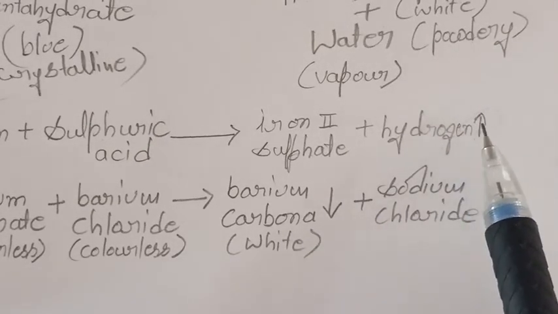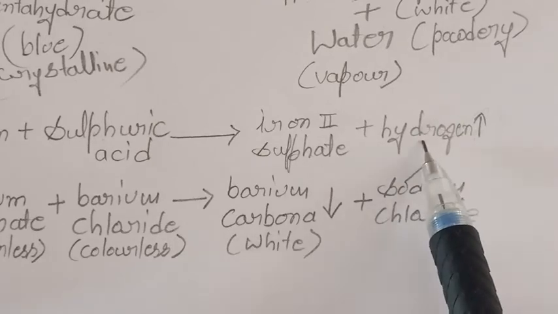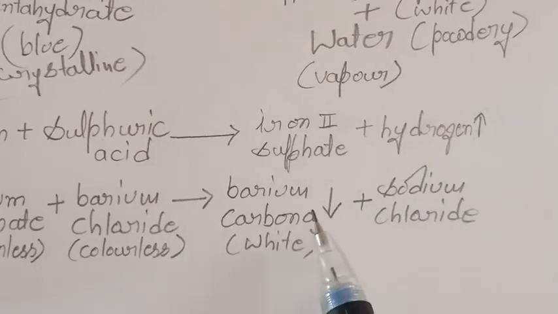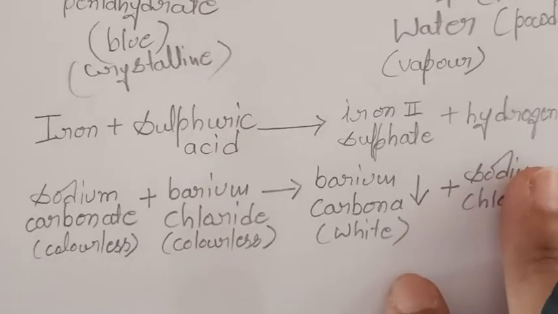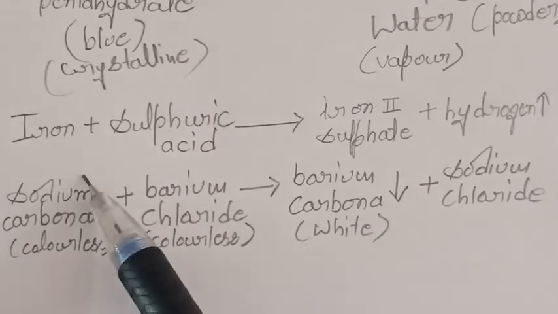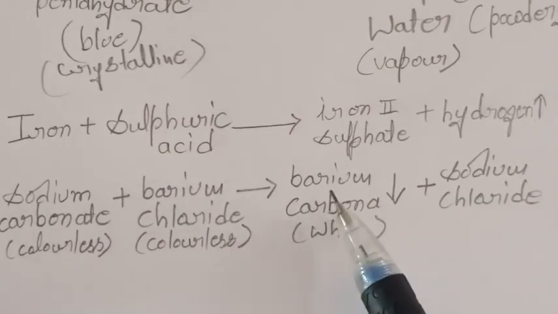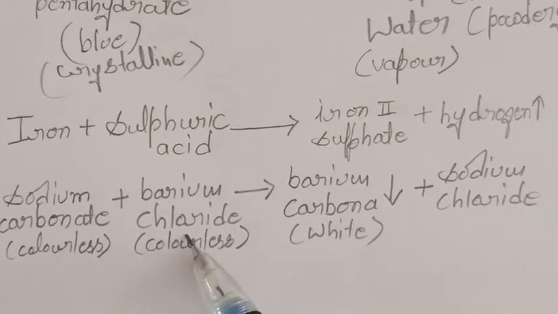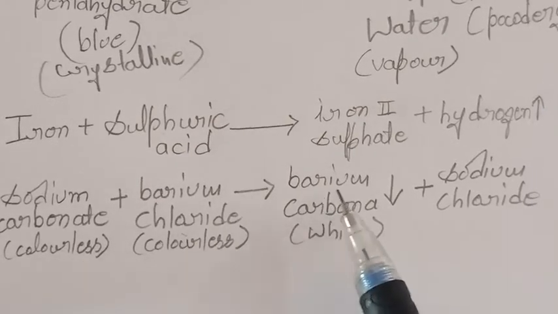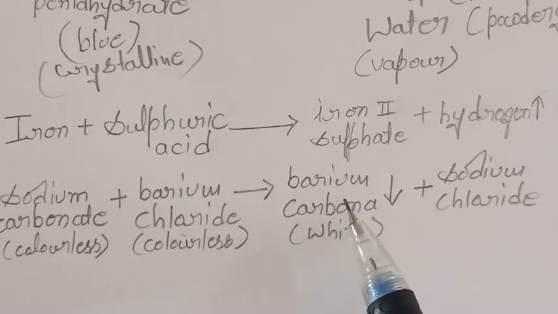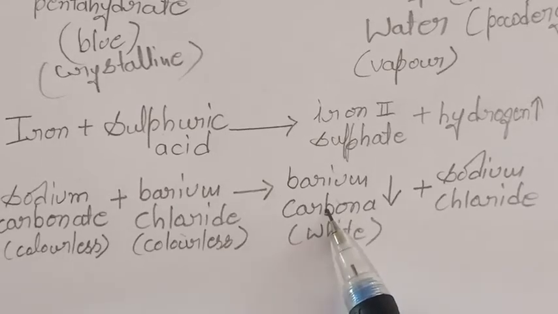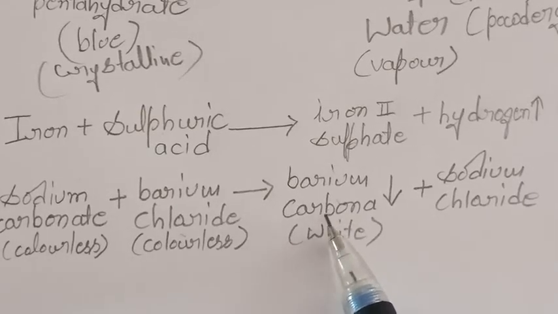It shows that these substances are gaseous in nature, whereas the downward arrow means, in this reaction, when sodium carbonate reacts with barium chloride, these two colorless solutions combine to form a white precipitate, and a precipitate is shown by the downward arrow.